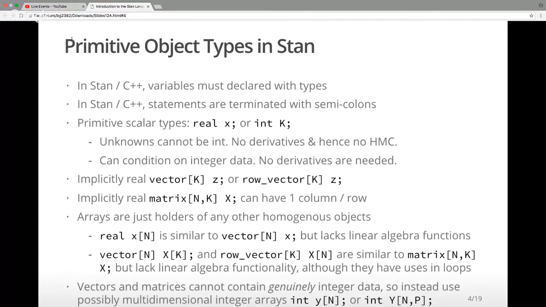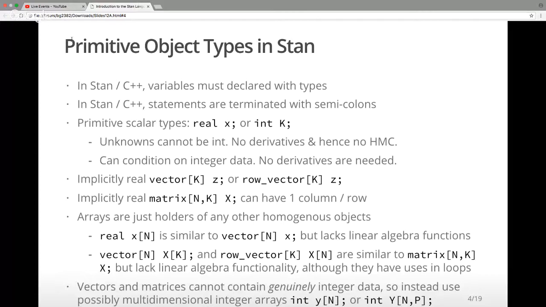So that's a little bit of a technical point. If in doubt, just use a matrix. But there are some uses for arrays of vectors, even though those uses do not include linear algebra functionality on the whole thing, only on the individual list elements.